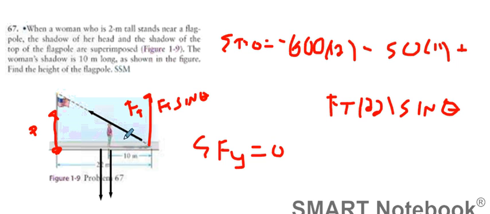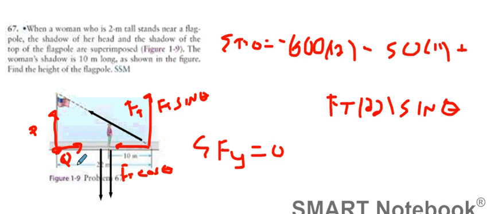Now in the x direction, we have a tension force pushing this way, and that's going to be force tension cosine theta. Then we're going to have a force in this direction also. Let's call that Q. Of course, this really is a force in the y direction and this is really a force in the x direction.